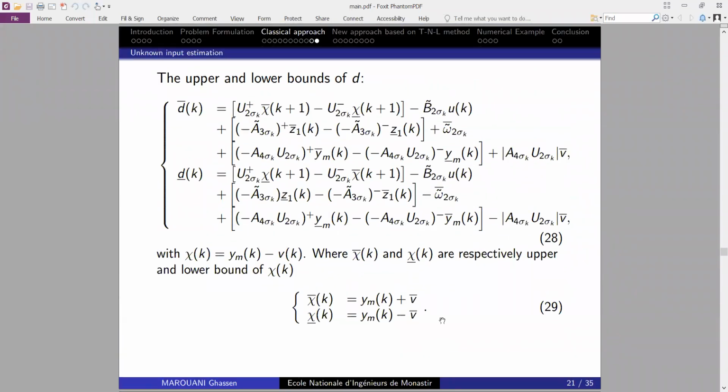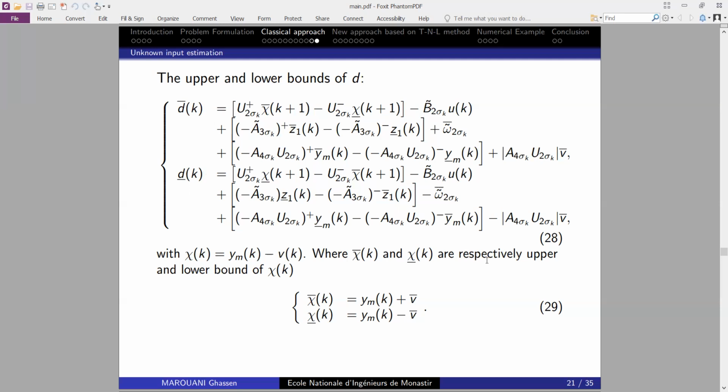So we are now able to estimate both the state vector and the unknown input using the classical approach based on two changes of coordinates, where we have to estimate first the state vector, and then after we have the result of the estimation, we can estimate the upper and the lower bound of the unknown input.